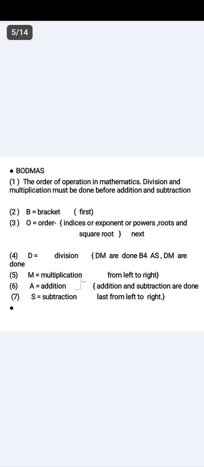Mathematical operators are mathematical signs like plus, minus, multiplication sign, and division sign. Where you have multiple operators, where will you begin? Will you begin from addition or subtraction, or multiplication or division? That is what BODMAS comes to resolve.